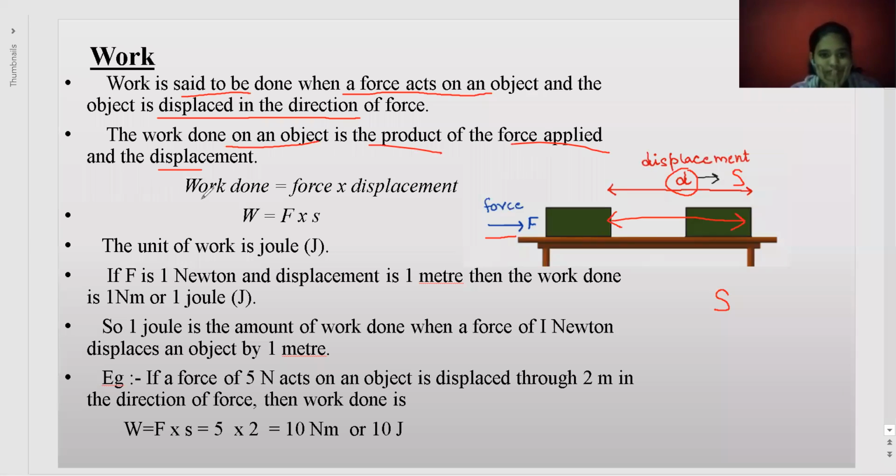It means it can be written as W, work done, equals force into displacement, that is W equal to F into S. So this is the formula which we will be using for finding the work done.